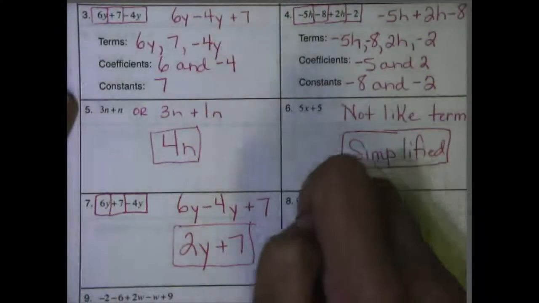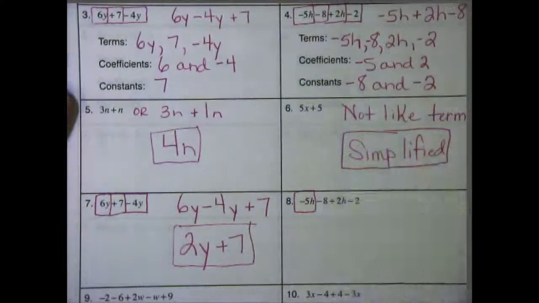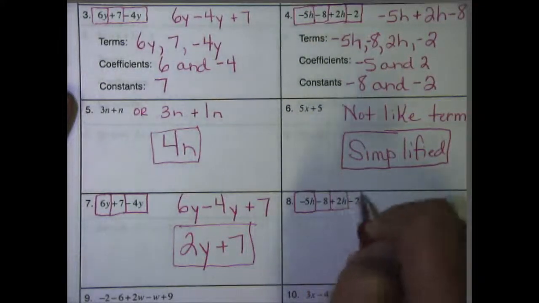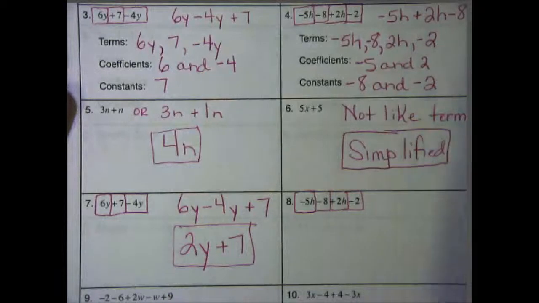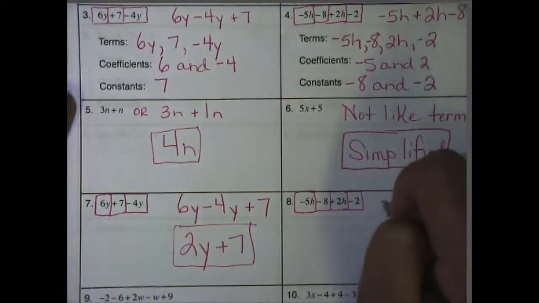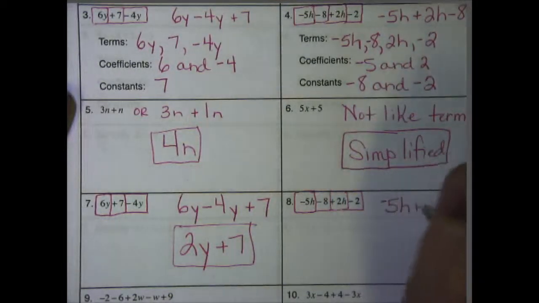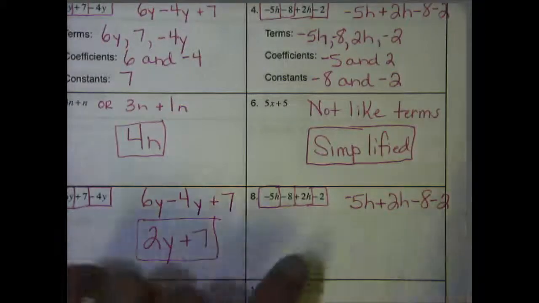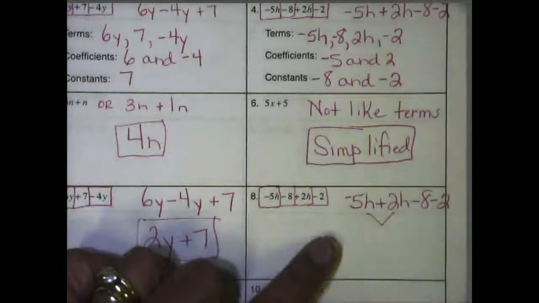Number 8. This is just like number 4. And we boxed in our terms. And then we wrote them like terms grouped together. So 5h plus 2, negative 5h plus 2h minus 8 minus 2. So the first thing I'm going to do is take these two and group them together.